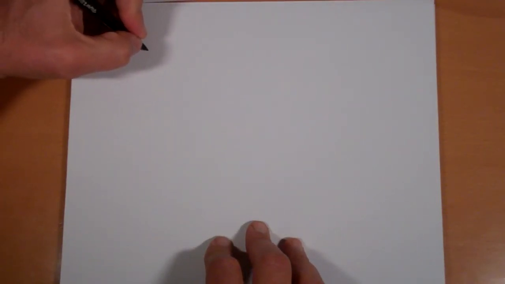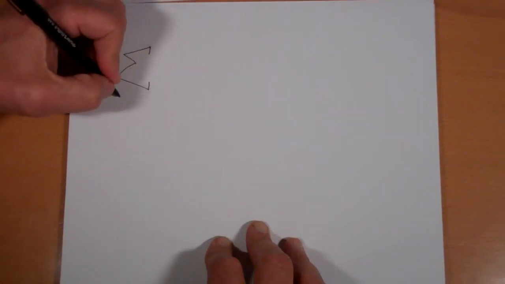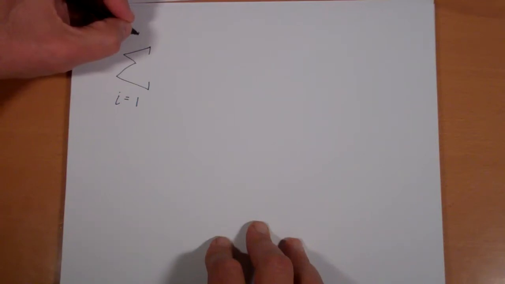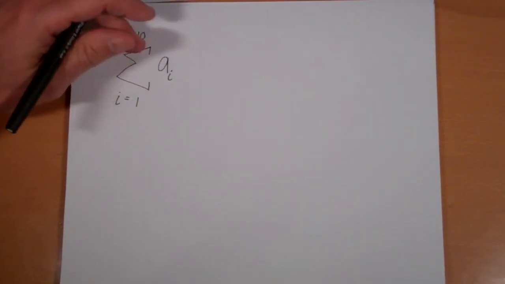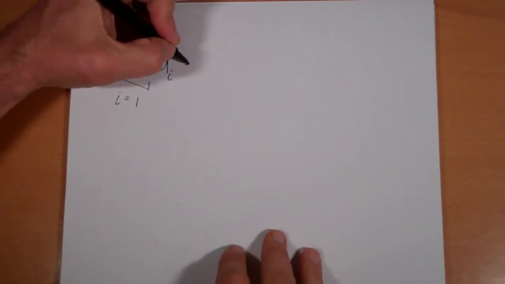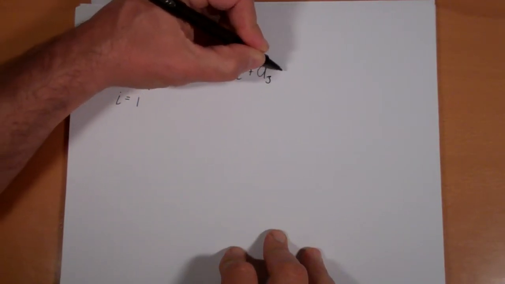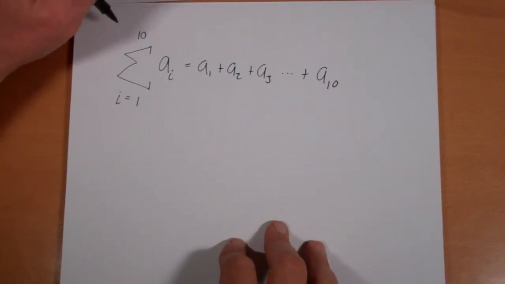There are two typical ones. The first one is when you have i equal to 1 to 10, say, a sub i. This is when you're actually given a series. That's just going to be a1 plus a2 plus a3 all the way to a10, and you'll explicitly be given a.